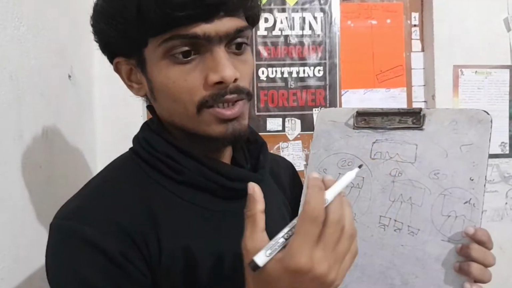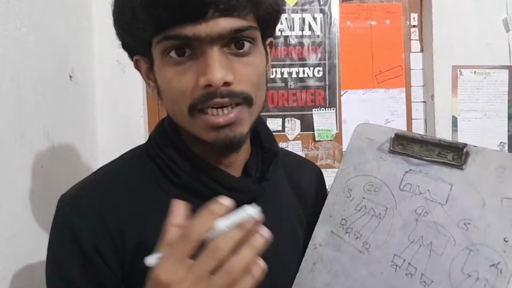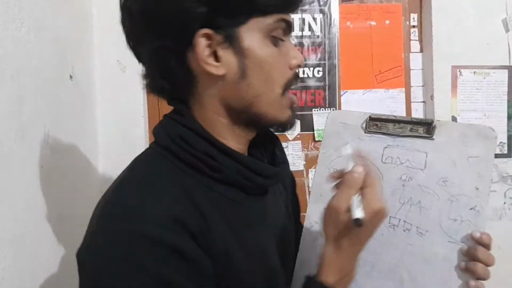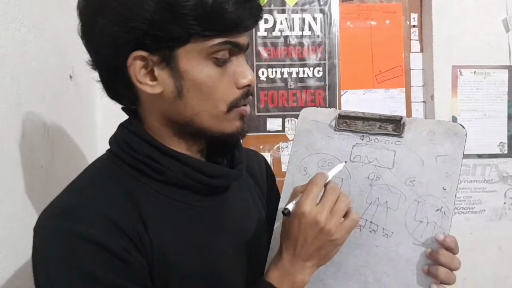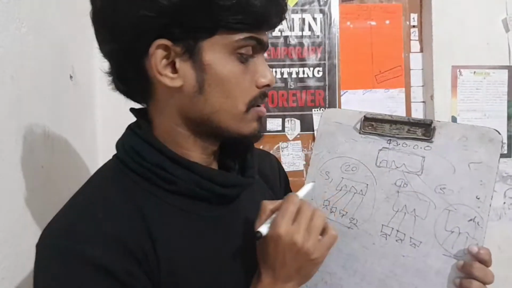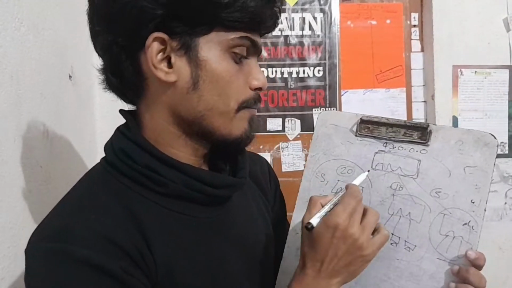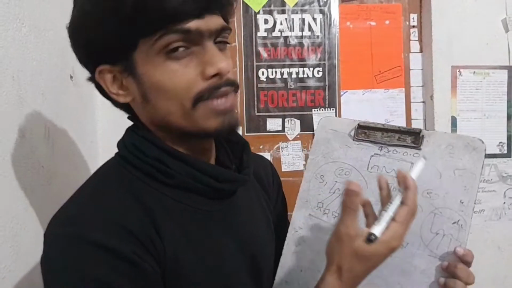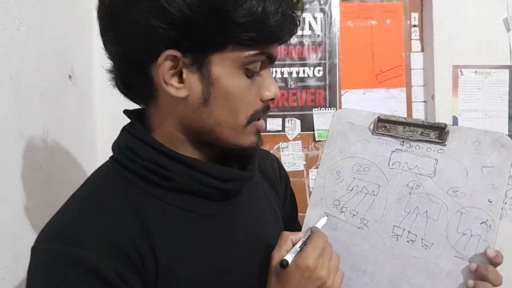Sir has told us that our IP should start with our roll number, so I will start my IP with the roll number, in the 43.0.0.0 format. I have given this IP as my IP ID, and I will start giving IPs from here.